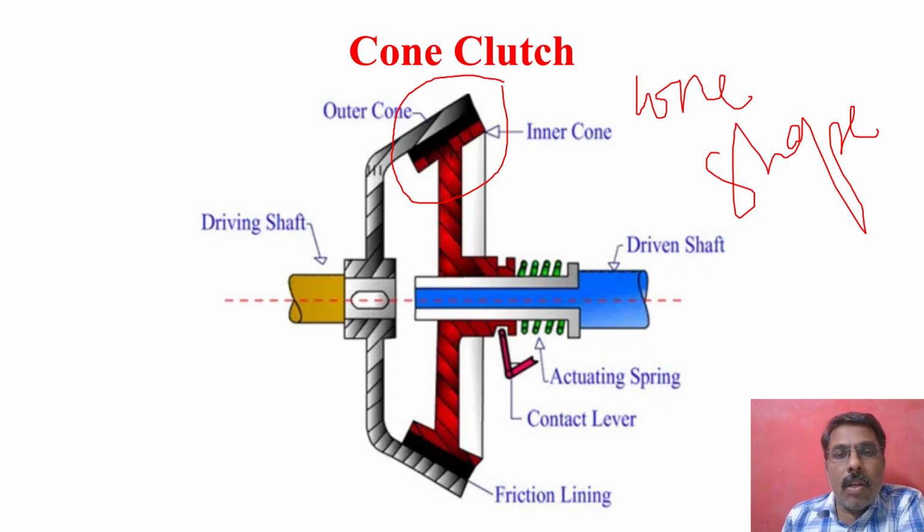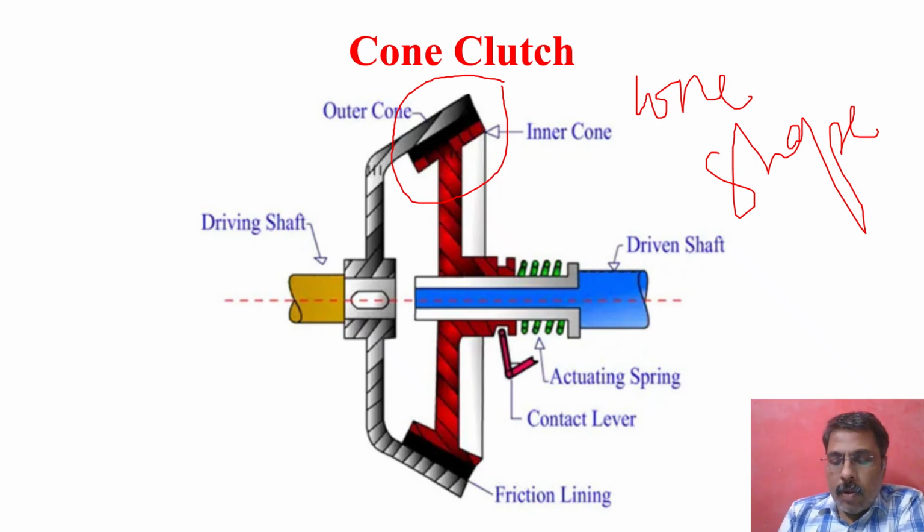It is very similar to the single plate clutch, and this conical shape engages with the inclined power transmission unit, so we design it as the cone clutch. These are the main types of frictional clutches used in the automobile sector.